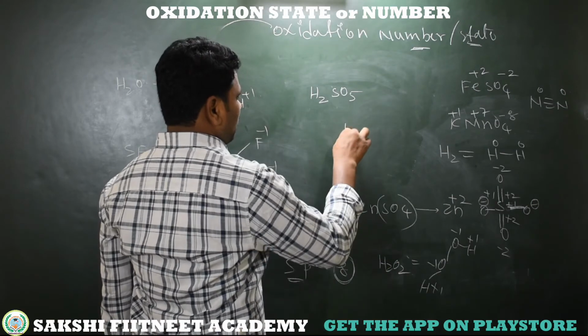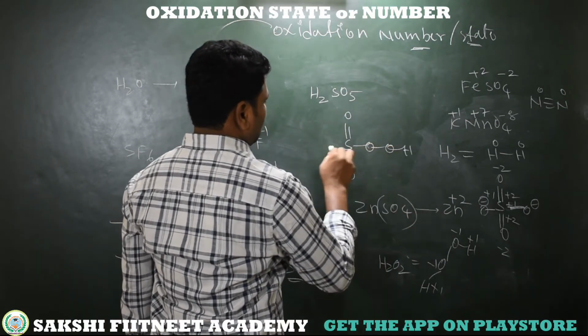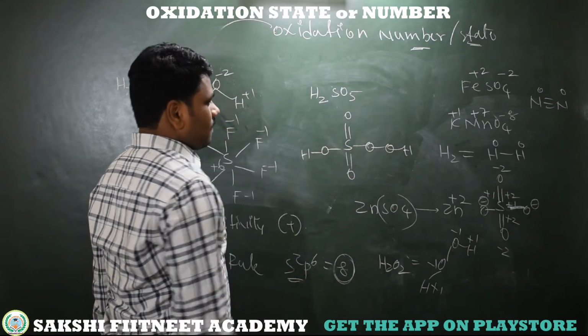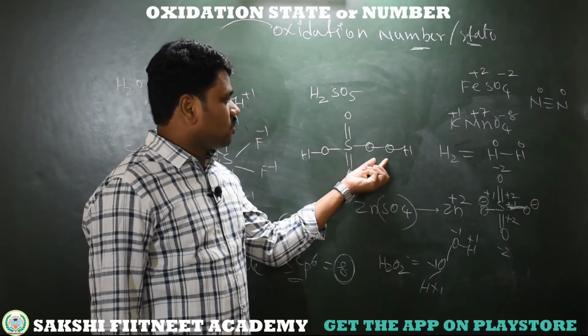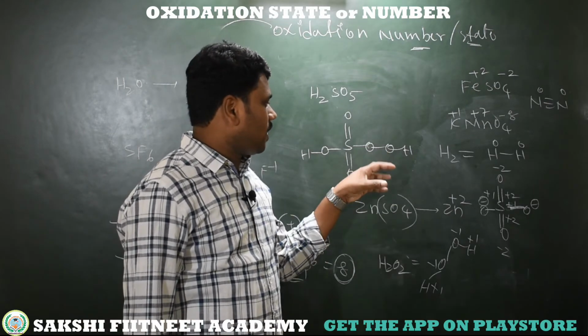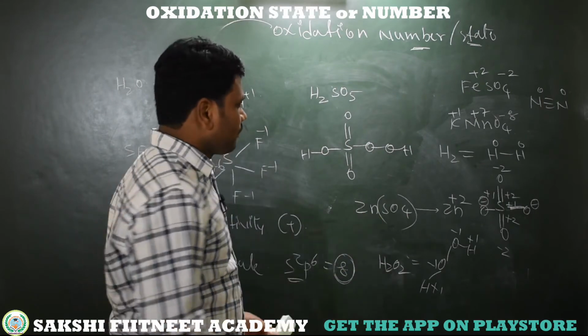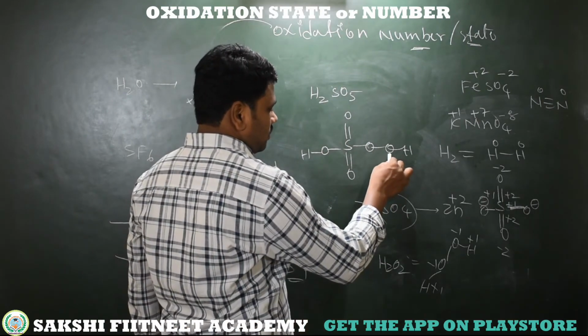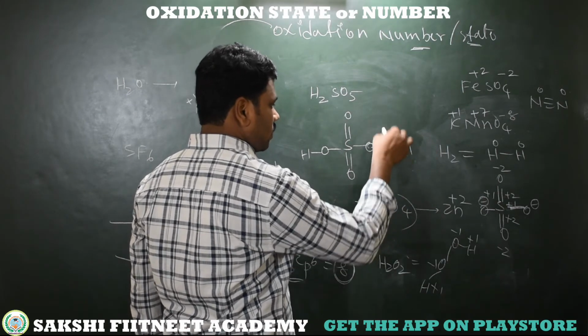For compounds like these, we must draw their structures. Actually this is the structure of this compound. Here 2 oxygens are peroxy link. Just now we discussed if the bond between same electronegative, with respect to that bond there is no charge. See here, oxygen bonded to hydrogen, so hydrogen is less electronegative, oxygen is more electronegative.